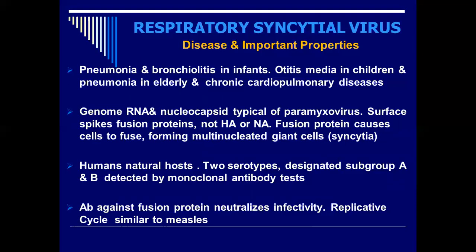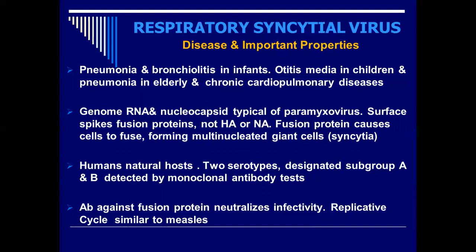Now, the next one is the respiratory syncytial virus. This virus causes diseases known as pneumonia and bronchiolitis in infants. It causes otitis media in children, and pneumonia in the elderly and in patients who have chronic cardiopulmonary diseases.